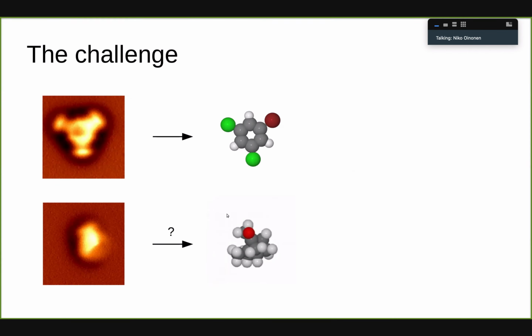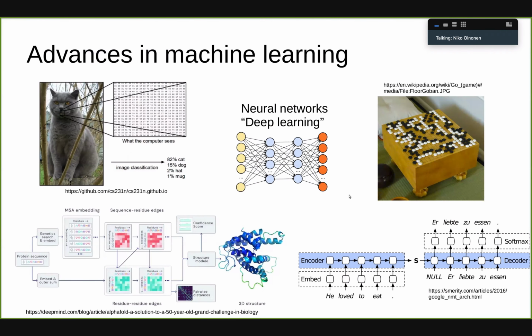But if you go to something more complicated, like the 1S camphor molecule here, then it's much harder to know what you're actually looking at when you're just seeing the AFM image. So we're hoping that we could tackle this interpretation problem using machine learning.